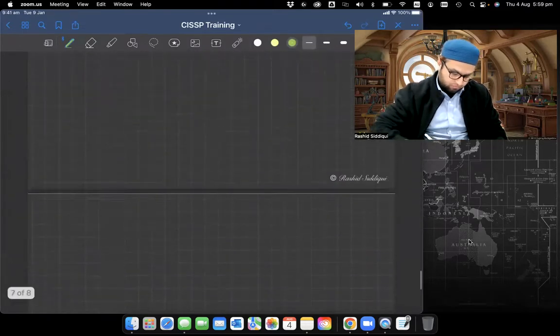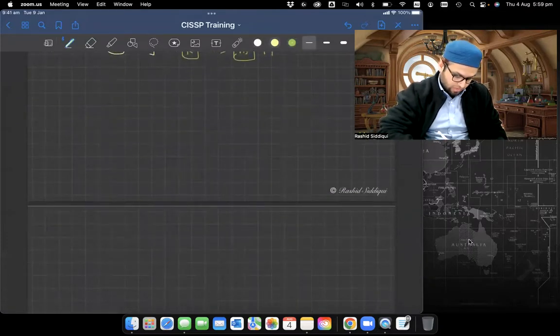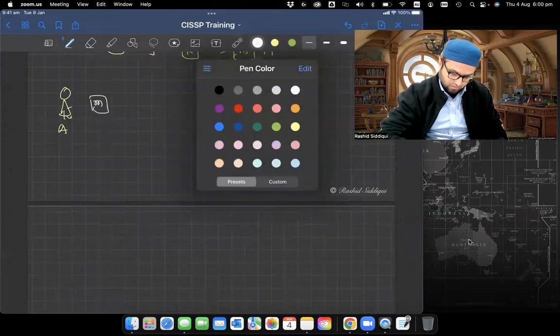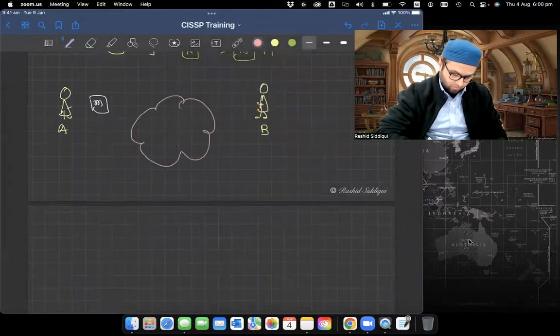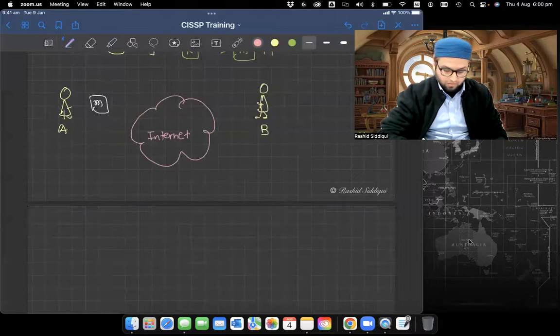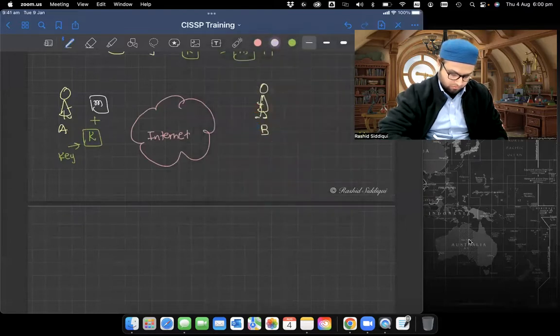In our scenario, we have a user A and we have a user B, and we have a message M, and we have the internet, and we want to send this message from A to B. Now, how it will work is that there will be a key K. This key will be applied to message M, and then we will have a message M dash, right?